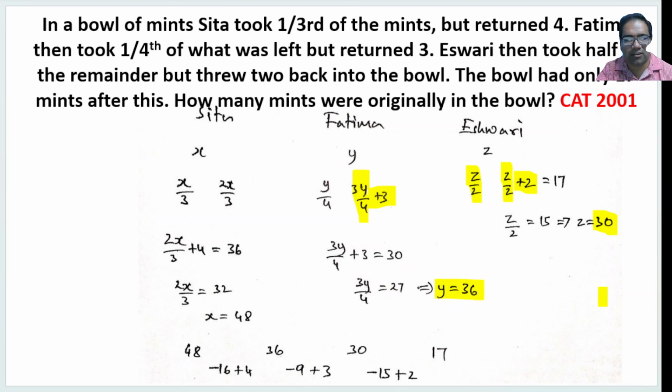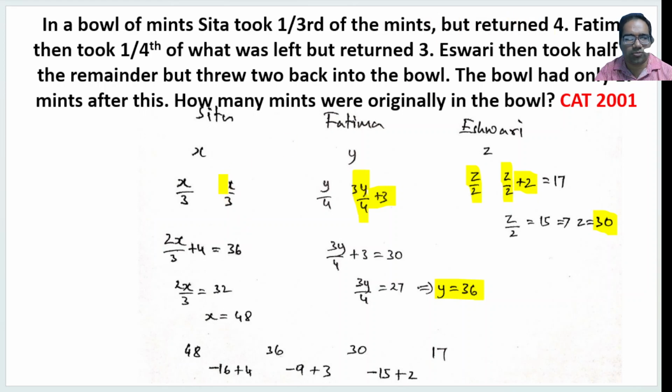That means at the beginning of Fatima, when she looked at the bowl, she had 36 mints. What does that mean? When Sita left, there were 36 mints. What did Sita do? Sita, when she started, let's assume there are x mints. Then she took one third of them. So what would be left? Two third of this x would be left. And what she did? She returned 4.